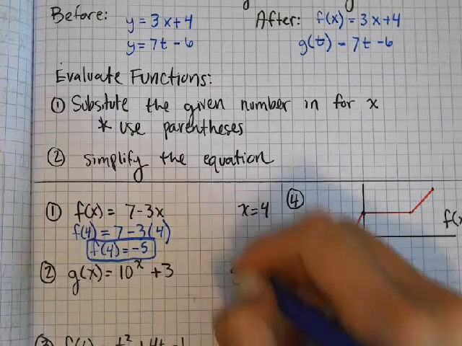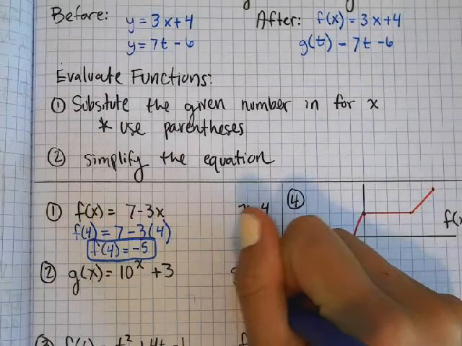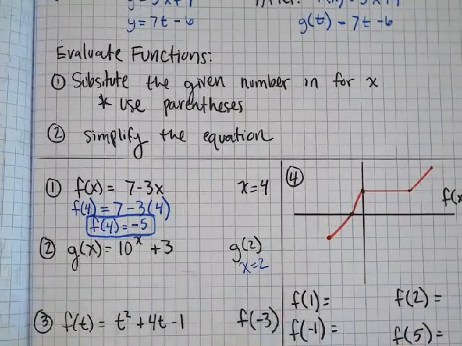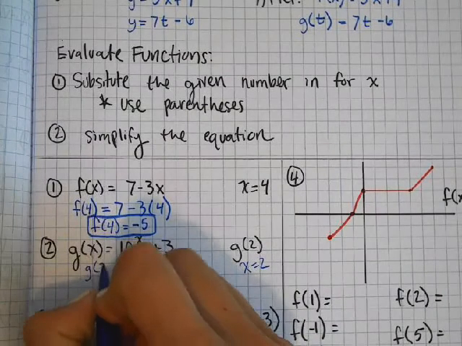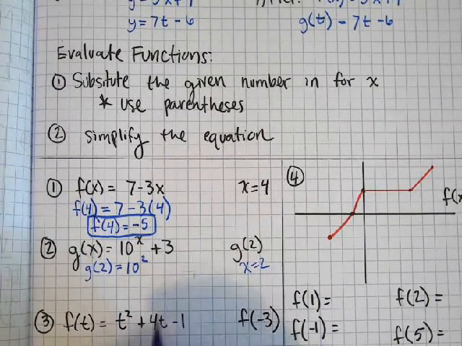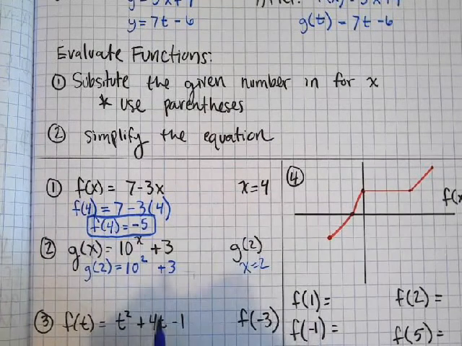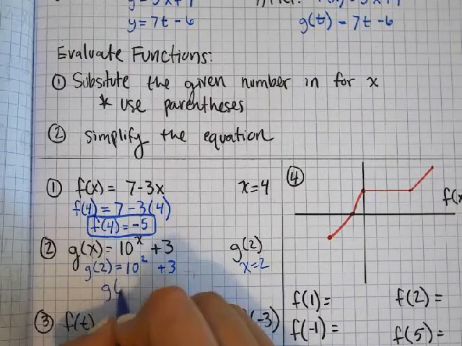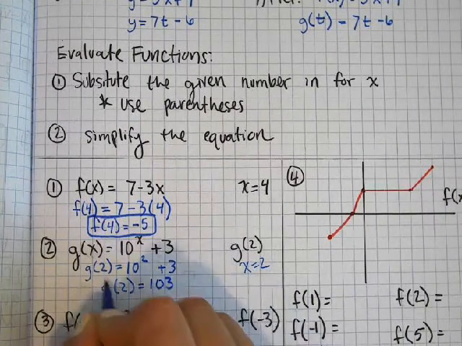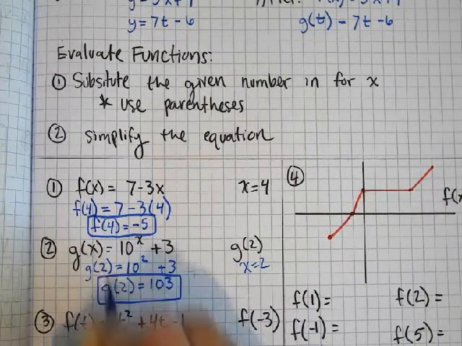We're going to find when x is 2. This way of writing it is just a fancy way of saying when x is 2. So g of 2 equals 10 squared plus 3. So g of 2 equals 100 plus 3, which would be 103.